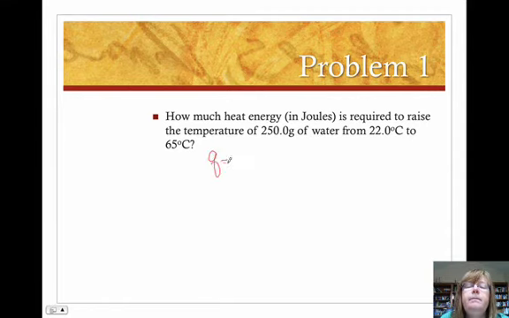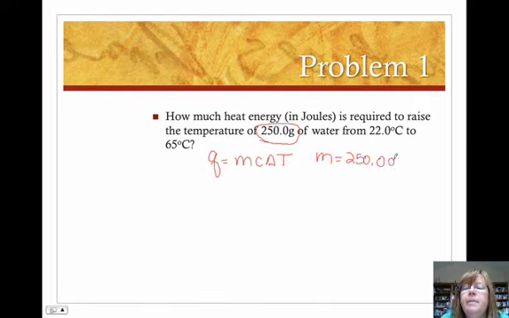Q is equal to mc delta T. So this question asks for how much energy or how much heat, so we're solving for Q, is required to raise the temperature of 250 grams of water from 22 degrees to 65 degrees. Well, this 250, that's our M. Mass, the unit for mass is grams. We're going to have to look up our heat capacity for water.